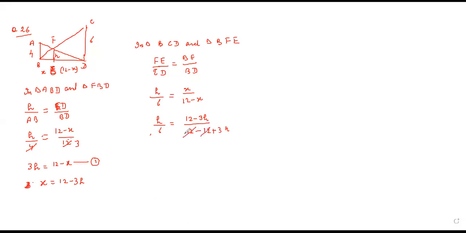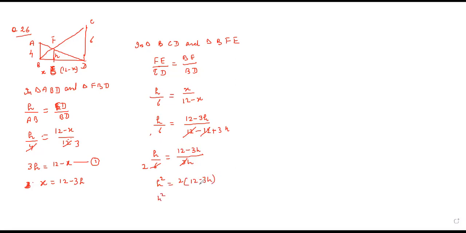So it goes H upon 6 is equal to 12 minus 3H upon 3H. So this is H square is equal to twice of 12 minus 3H.